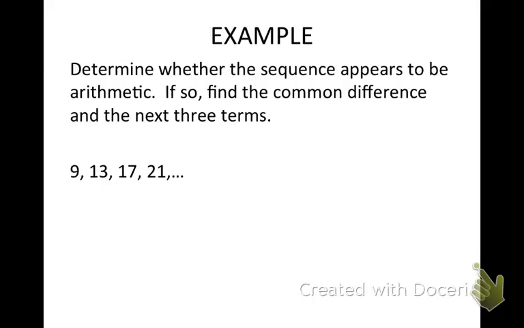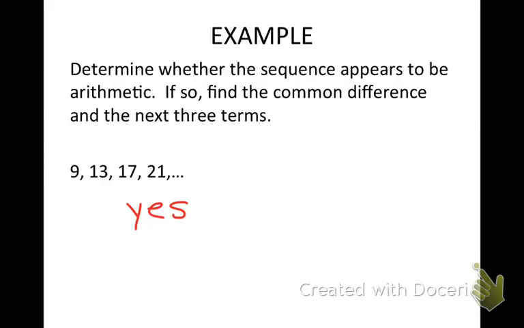So your sequence is 9, 13, 17, 21. Is it arithmetic? Yes. If so, find the common difference. So we're going to say yes, it is.